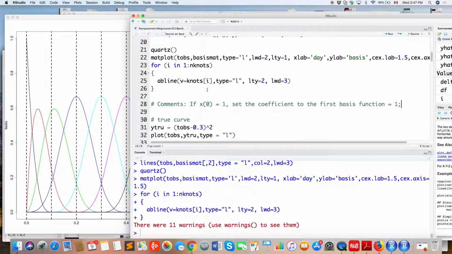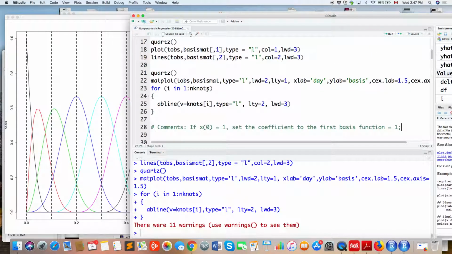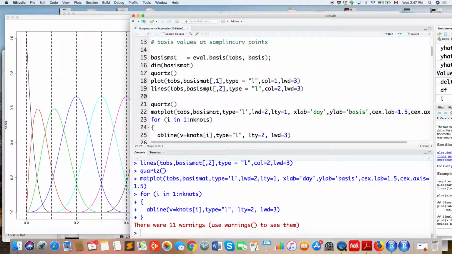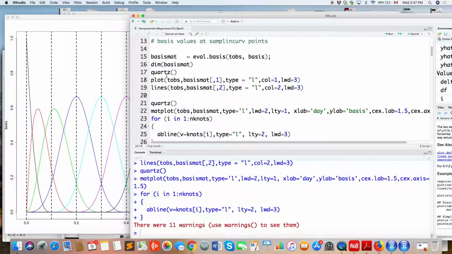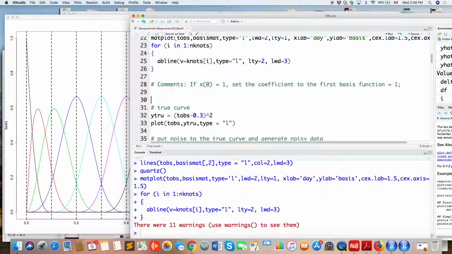Okay, so this is the basis function. You can also evaluate the derivatives of the basis functions.